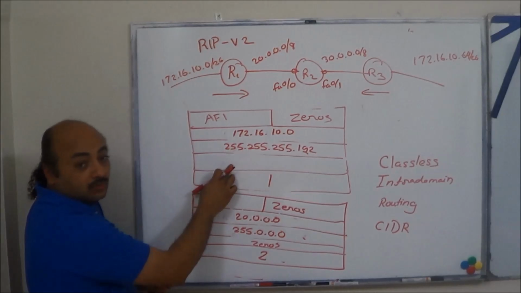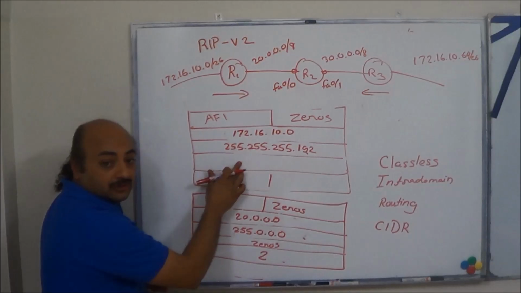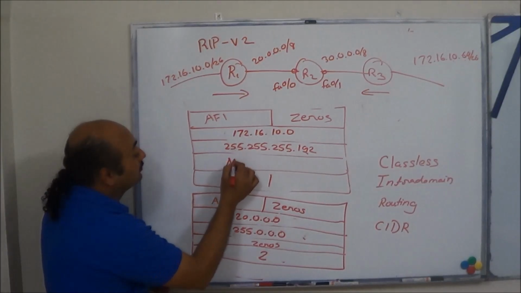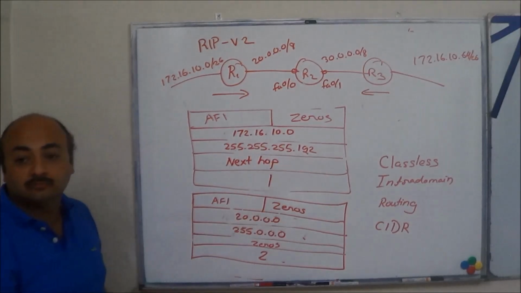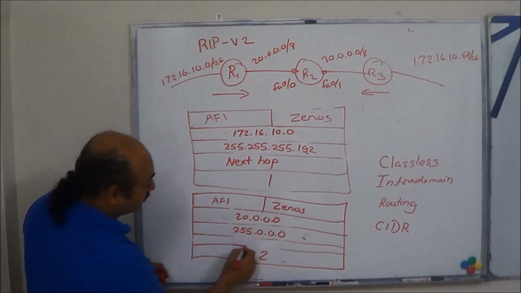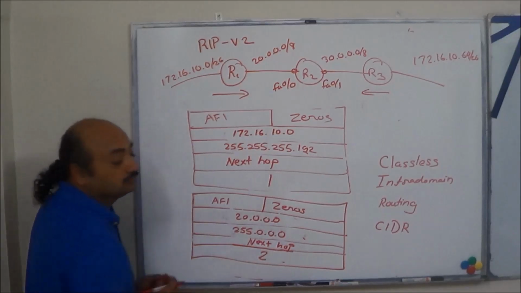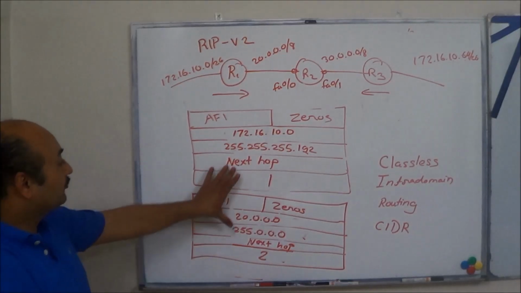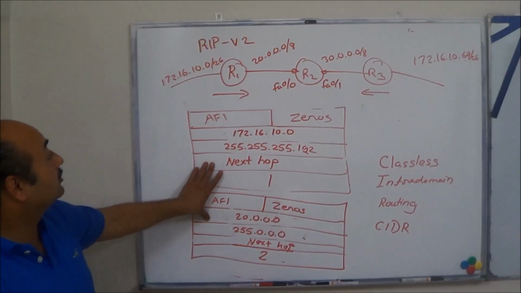The other field that we are going to now discuss, which is also different, is this second zeros field, which is next hop. What is next hop? Similarly, this will also change. Now, of course, we are just putting the name of the field. Now, what is going to be next hop?